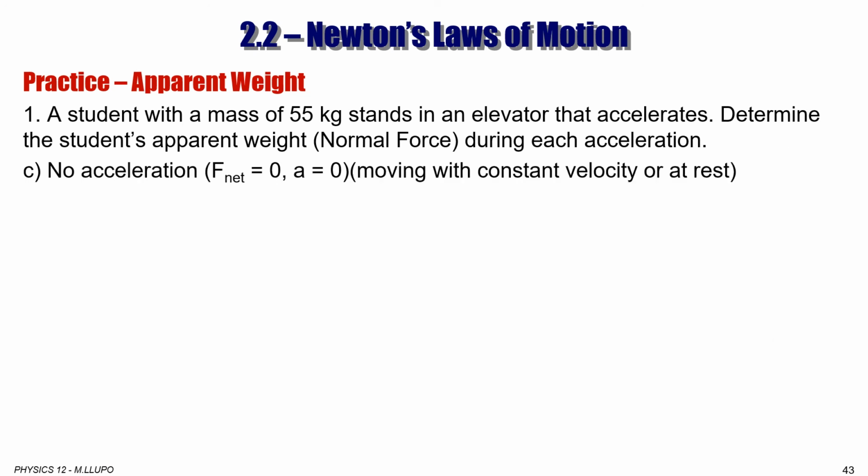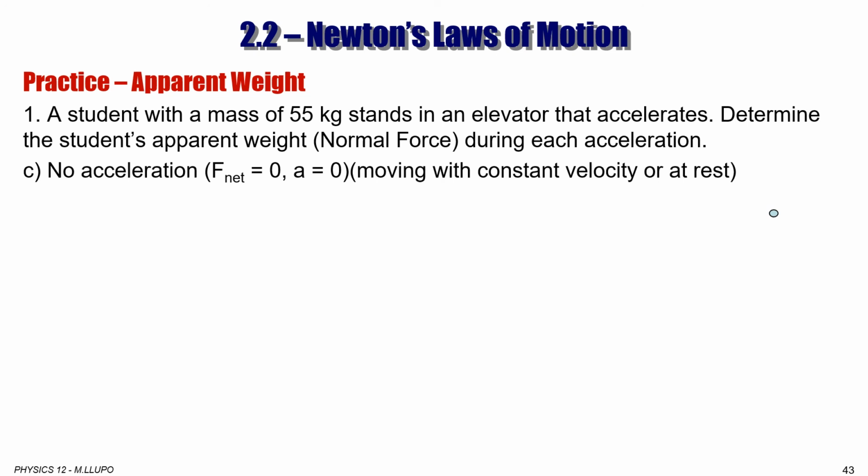A student's normal weight is when there is no acceleration, when F net is 0, when the forces are balanced. So that means, based on the first Newton law, the student is moving at constant velocity or not moving at all. So to solve it, as always, we draw a free body diagram. We have two forces, Fg and Fn.